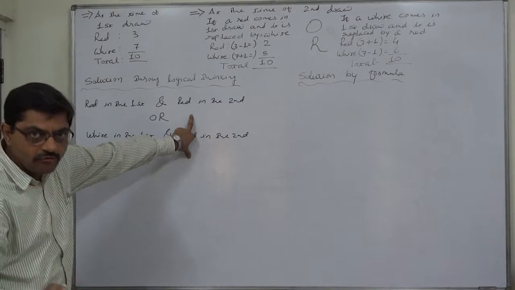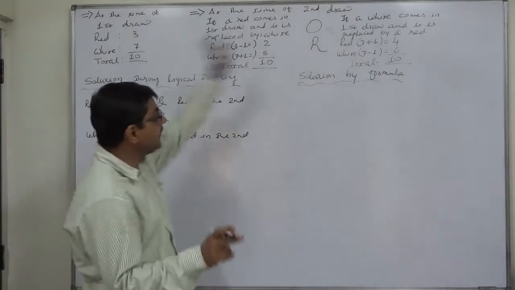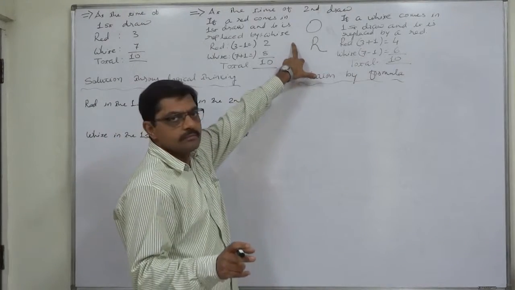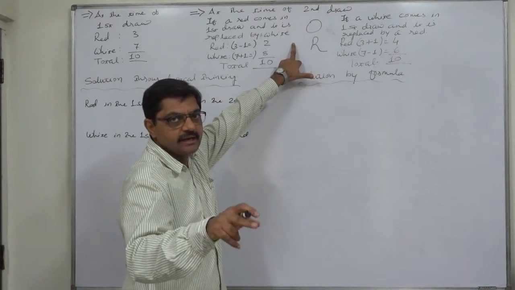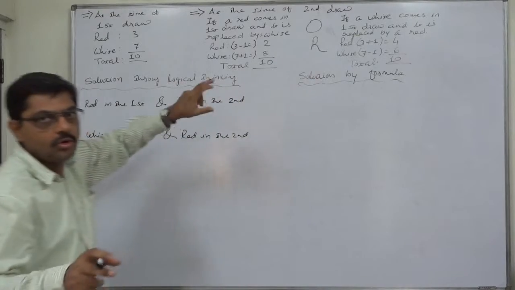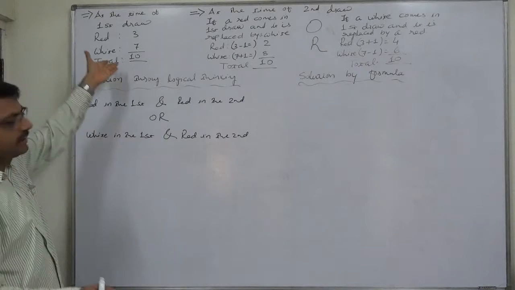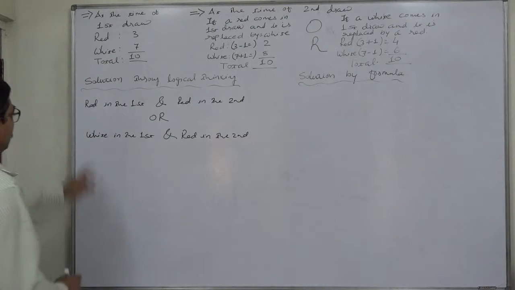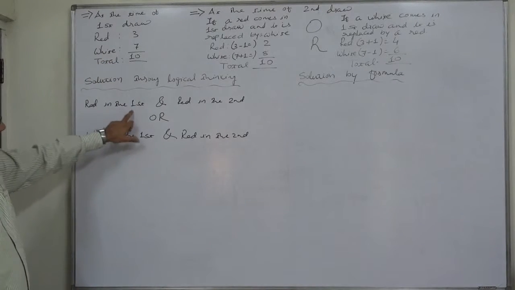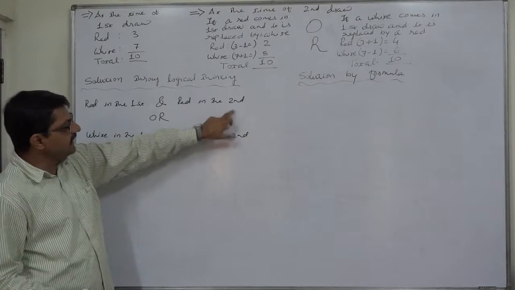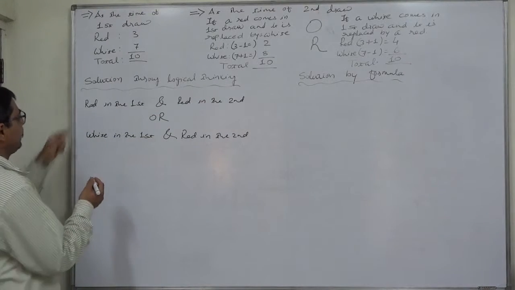But the number of red balls at the time of second draw is dependent on the fact that the ball of which color is drawn in the first draw. Red ball is selected in the first draw and then red in the second. Now what can happen?